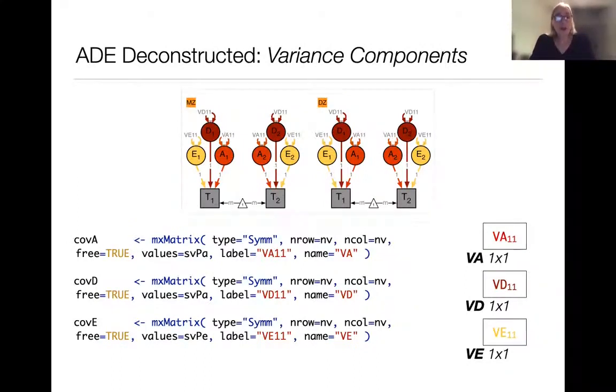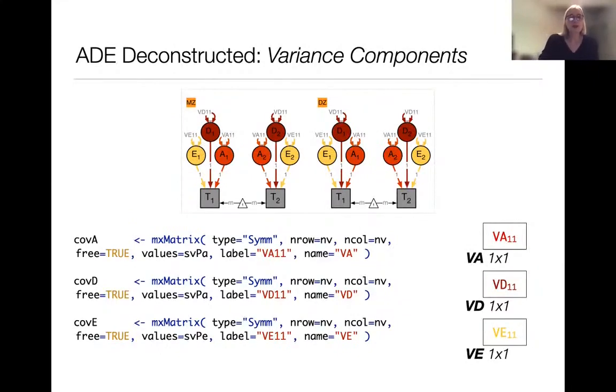So we have Cov-A, which is the object that will estimate the parameter for the additive genetic variance. And so this is a simple 1-by-1 matrix that is free, and that we give a start value and also a label. Note that the label and the name of the matrix has to be different. So we tend to add the number of rows and columns to the label.